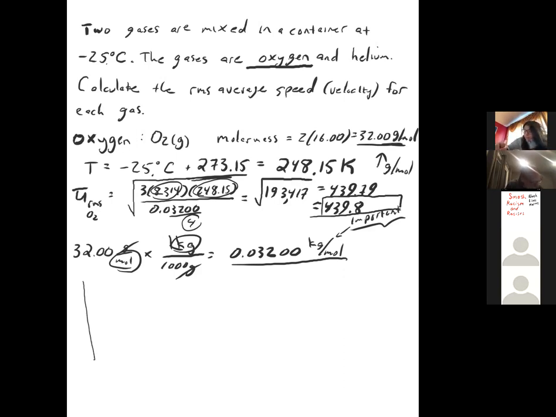It's telling us that for oxygen, you're going to get this distribution. There we go. Looks something like that. And the average is right here, 439.8. It doesn't give us the whole graph.